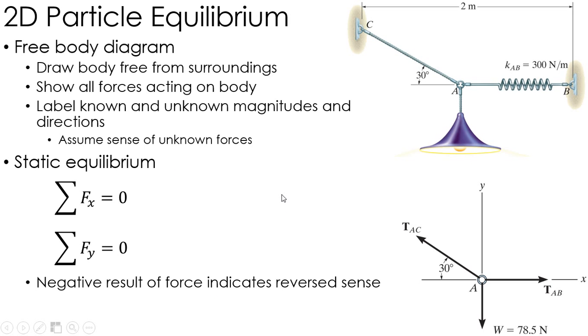If I assume it's going, say, to the left, and I get a negative result for that force, it's actually going to the right. So any negative result that you get just means that the arrows in your free body diagram are flipped, so you just go back and flip those. You make whatever assumption, you get a negative answer, you basically reverse that assumption. And that's how you deal with 2D particle equilibrium. Free body diagram, and apply your equilibrium equations.